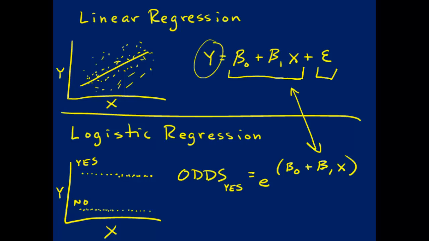So this is the difference between linear regression and logistic regression. So hopefully this will give you more insight into how we are structuring our models to explain the structural components of reality.